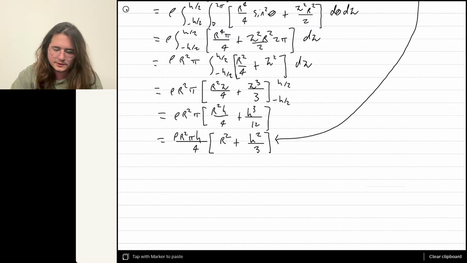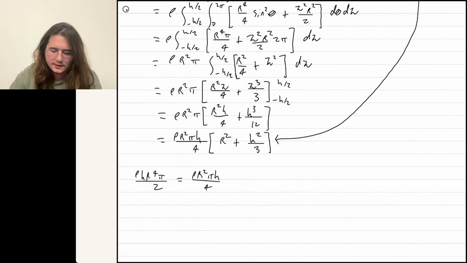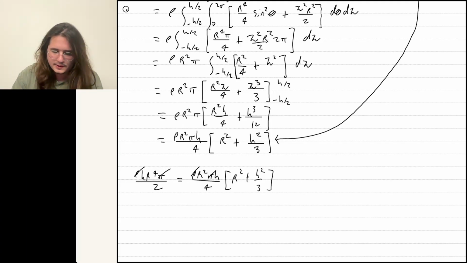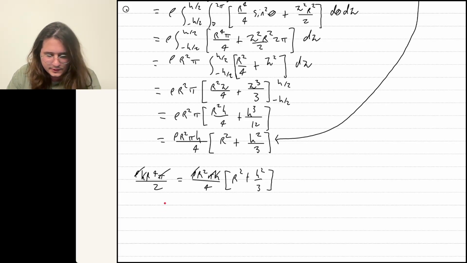Let me yank this over here. R squared plus h squared over 3. Okay, cancel out the pi's on either side, cancel out the rhos on either side. By the way, that's why the mass density function doesn't matter. Cancel out the h's here on either side and decrease the powers of r, so now we have just r squared equals 1/2 of r squared plus h squared over 3.